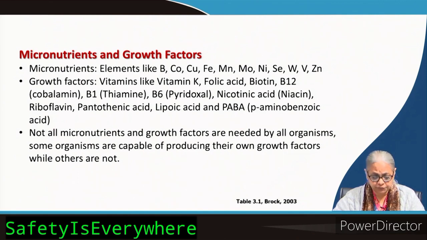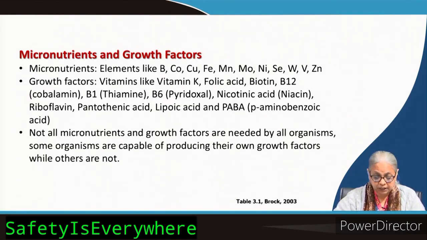Nickel is part of most hydrogenases. It's part of coenzyme F430 in methanogens. It's part of carbon monoxide dehydrogenase as well as urease. Selenium is also important. It's part of formate dehydrogenase, some hydrogenases, the amino acid selenocysteine.